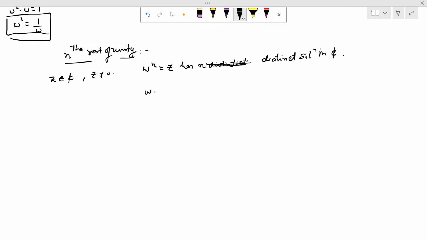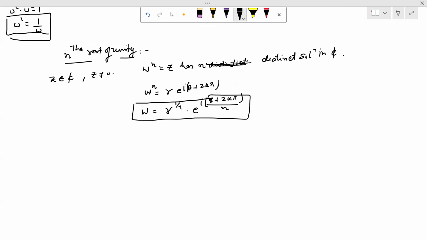And this would be given by, you can write z = r e^(iθ), and more generally, θ + 2kπ. So w = r^(1/n) e^(i(θ + 2kπ)/n). So for every complex number, we can find another complex number such that w^n equals that particular number.